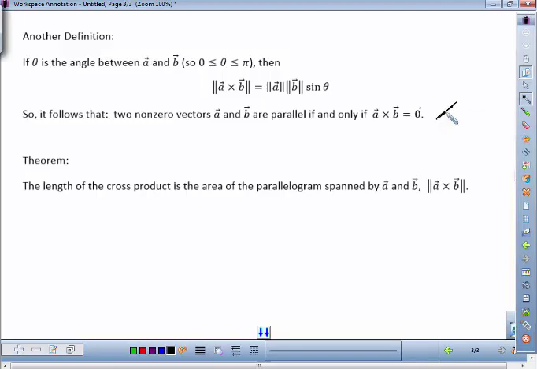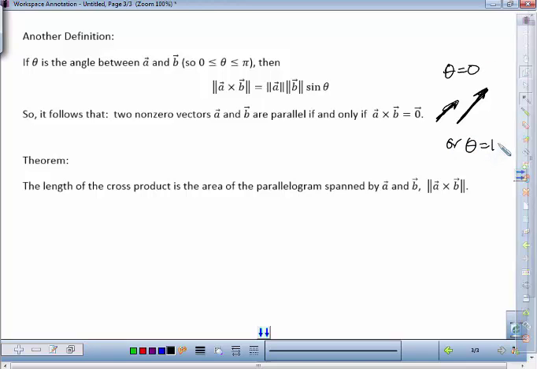So this next statement tells us that if we have a vector A and another vector going in the same or maybe the opposite direction, if they're parallel, then their angle is either 0 or, if it's going the totally opposite direction, 180 degrees, right? What's sine of 0?